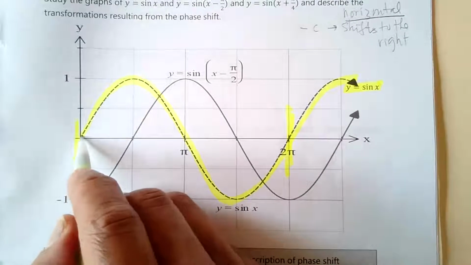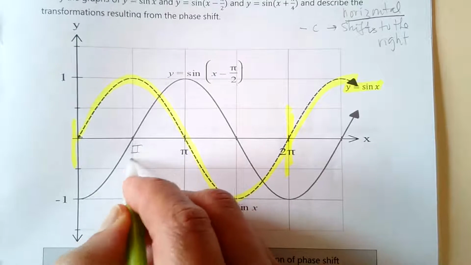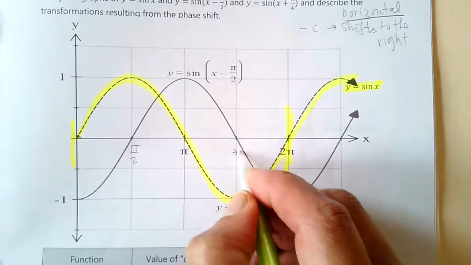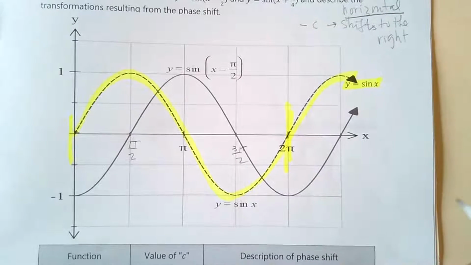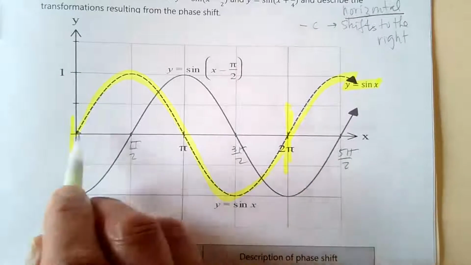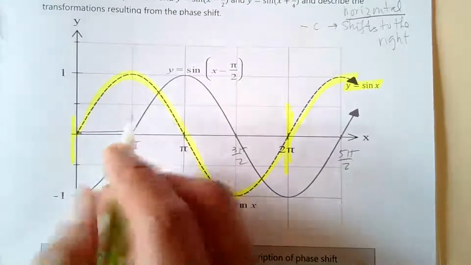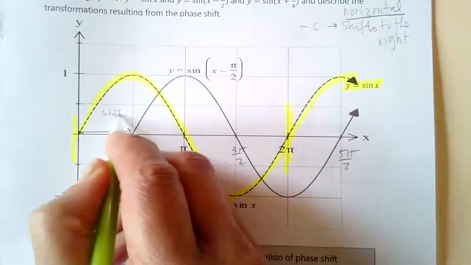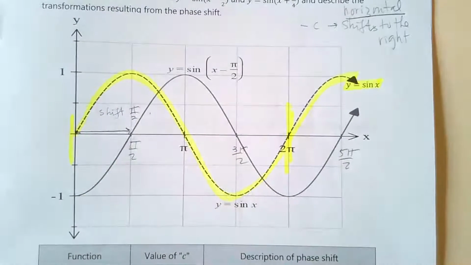Starting from here, it will shift pi over 2 units. We look at here, it's going to be 3 pi over 2, 2 pi, and that will be 2.5 pi, or 5 pi over 2. So the graph now shifts right. This is your shift, pi over 2 units to the right. So that's what we're looking at, the value of C.